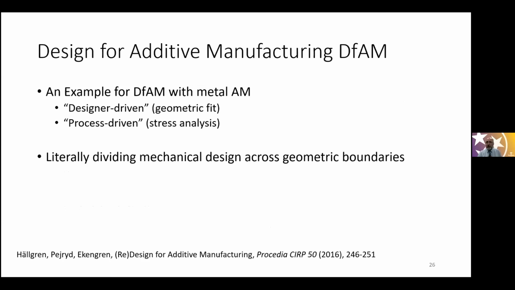One more example of design for additive manufacturing. This is a publication as opposed to an online commercial. And it's not as sexy looking, but you break it down into designer-driven and process-driven types of approaches. Designer-driven is the geometric fit of a bracket that's going on a rocket launcher, and then process-driven is the stress analysis and weight analysis side.